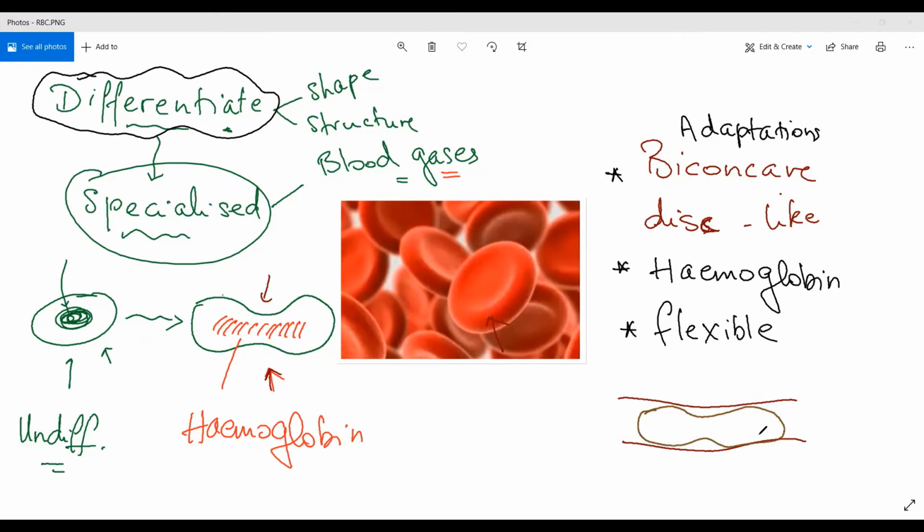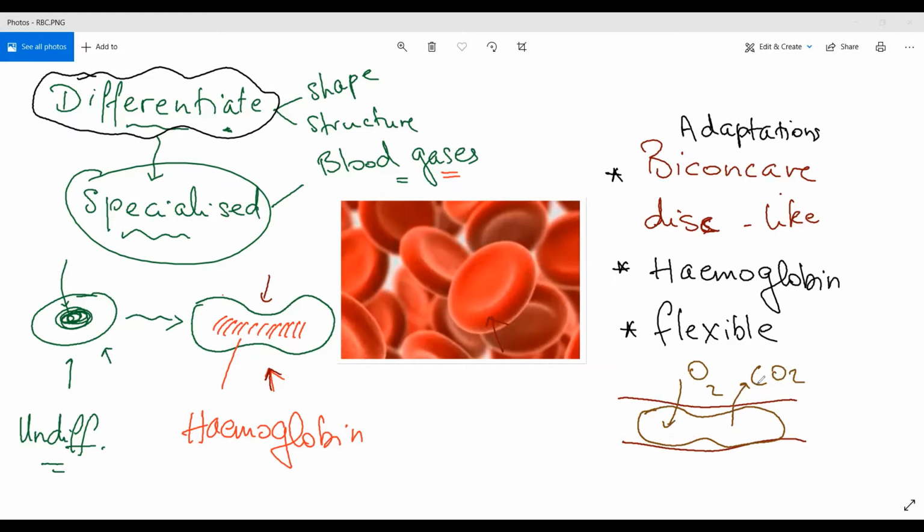Now, why do we need it to be in very close contact with the wall of the capillary? In order to allow the gases, whether oxygen or carbon dioxide, to pass through easily. The gases must not pass a long distance. It is in close contact with the wall of the capillary to allow easy exchange of gases.